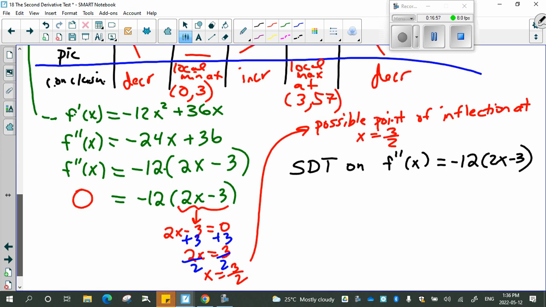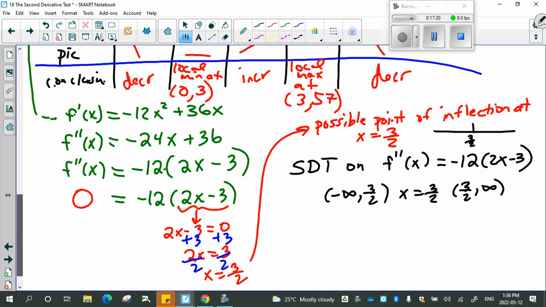We've only got one possible point of inflection, so it should be really easy to make up our interval chart. So there's only one here, at 3/2. So we've got negative infinity to 3/2, x equals 3/2, and 3/2 to infinity would be our intervals.